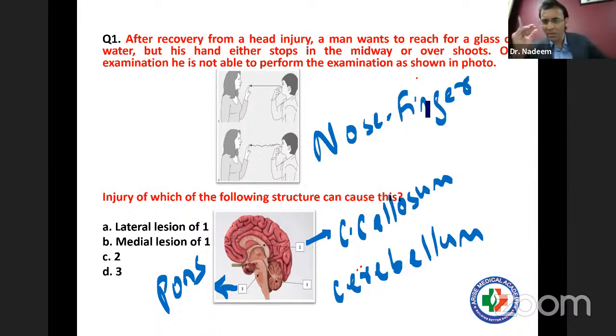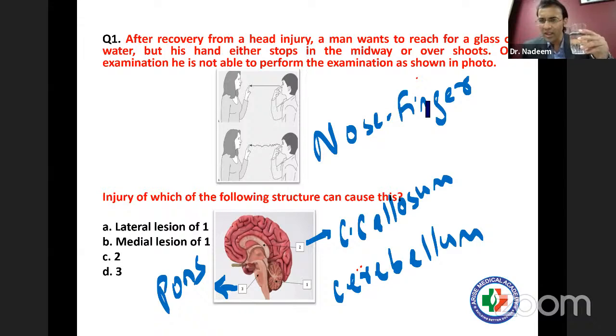Basically, I'm asking my patient to perform this movement, but he is not able to. Suppose I'm keeping a glass of water and asking my patient to touch it. Whenever he tries to touch it, either he stops in between or his hand overshoots. So it means he does not have good coordination in his voluntary movement.